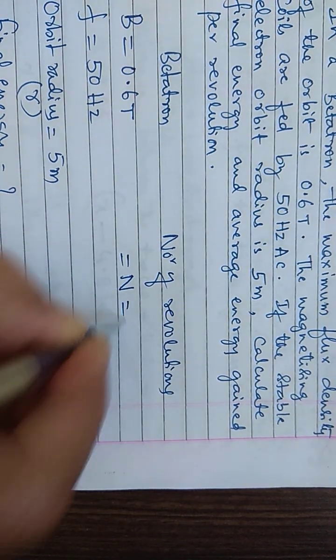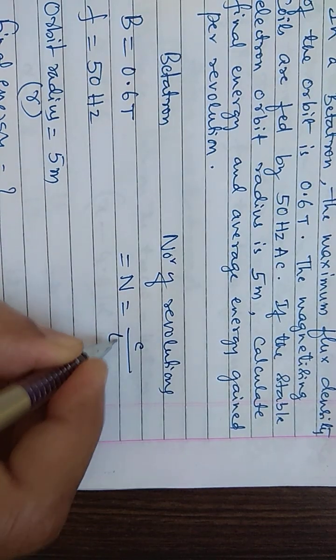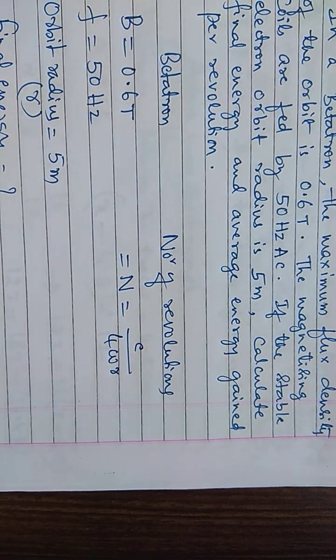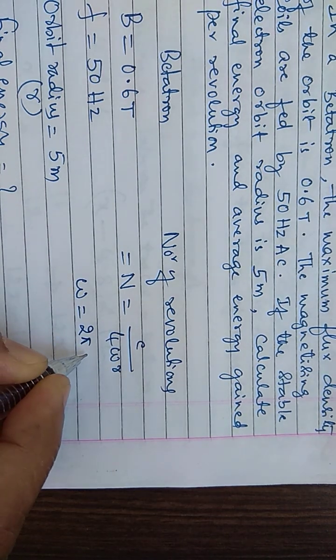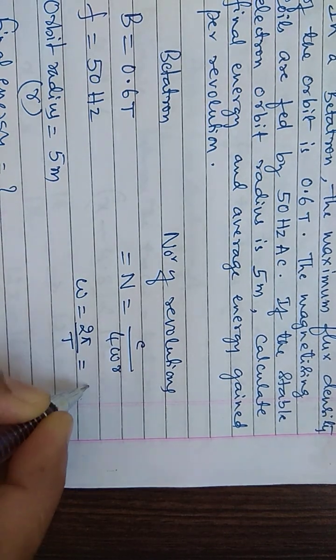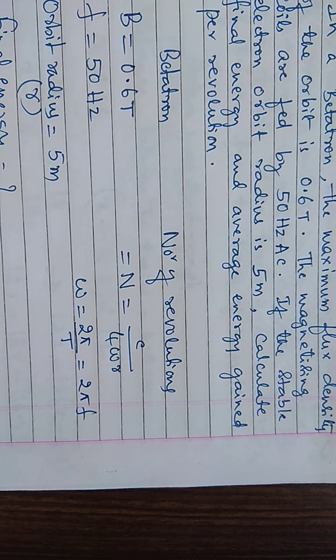I will write that as capital N is equal to C divided by 4 omega R, where omega is equal to 2 pi by capital T, or I can write 2 pi F, where T is the period, F is the frequency.